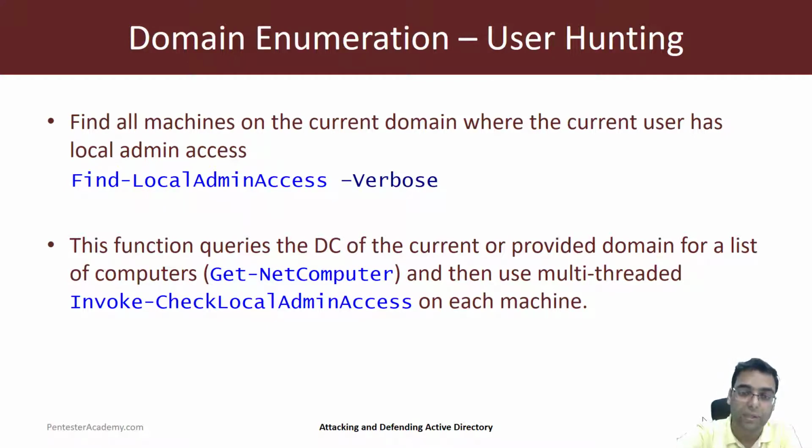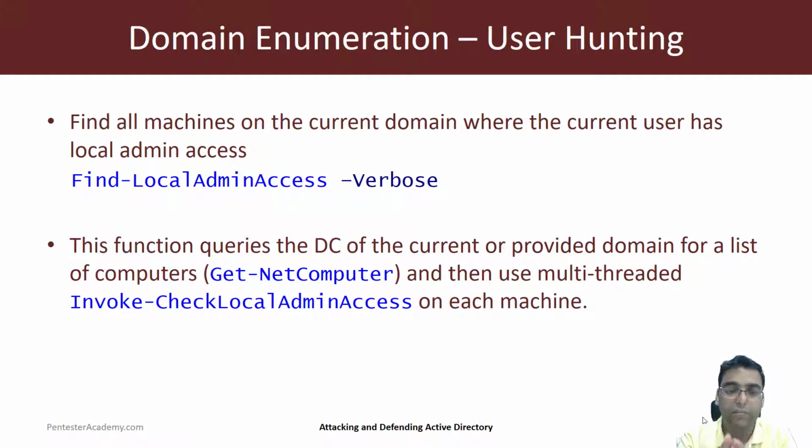So this is a bit intrusive and not as silent as whatever we have been doing up to now. This enumeration is much more noisy than whatever enumeration we have done up to now, right? So the first function we are going to have a look at is Find-LocalAdminAccess. Find-LocalAdminAccess is inspired from a similar script from the Metasploit framework.